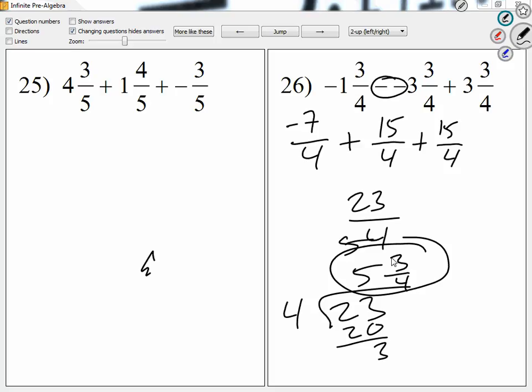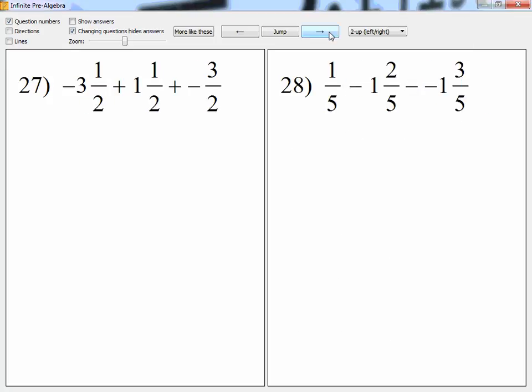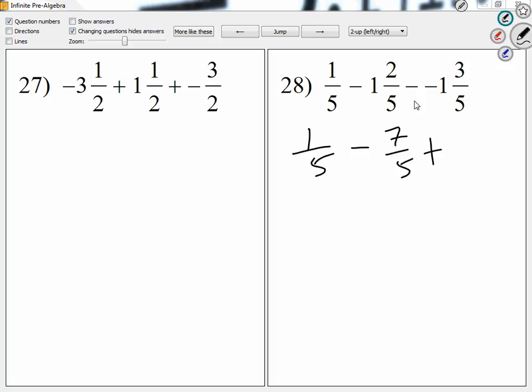Alright, let's take a look at 28. First fraction is 1 over 5. Minus, what's the second fraction? 7 over 5. Then I say plus, because remember two negative signs make a plus sign. Plus what? 8 over 5.